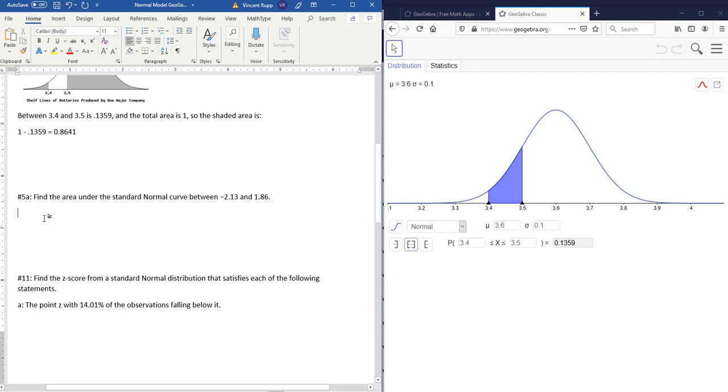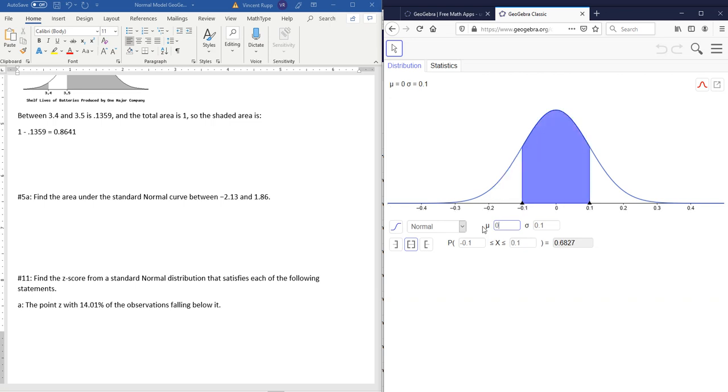Number 5A says find the area under the standard normal curve between negative 2.13 and 1.86. So here again, standard normal curve means set this up with a mean of 0, standard deviation of 1. And then between negative 2.13 and 1.86, and I would get 0.952 as the answer I would enter.